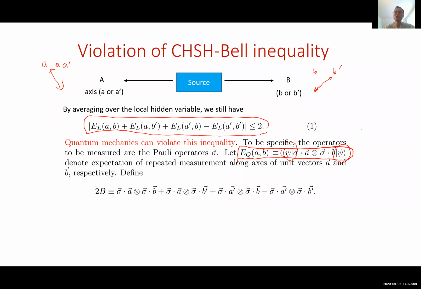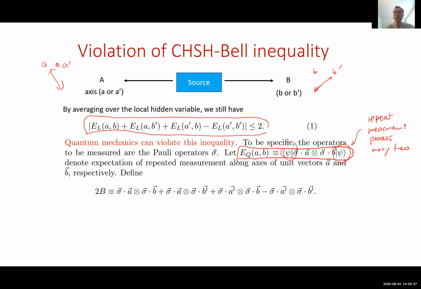And this you need to repeat, the measurement process, many times. This expectation value means that if you do it many times, that's the average value you will get. You record whether it's plus 1 here, minus 1 here.